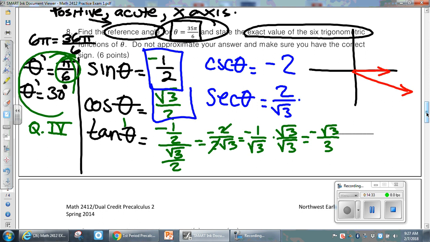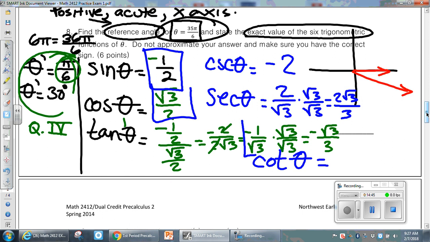It's fine. If you rationalize, it will turn into 2 square root of 3 over 3. And then finally, for cotangent, what should I use? The reciprocal of the version before rationalizing, right? So that will be negative square root of 3 over 1, or just negative square root of 3.